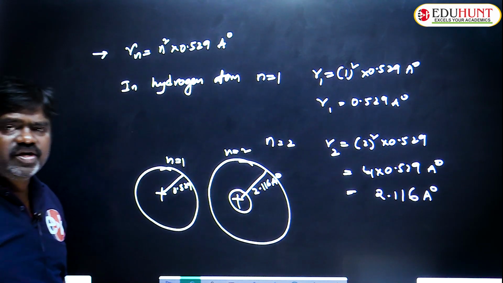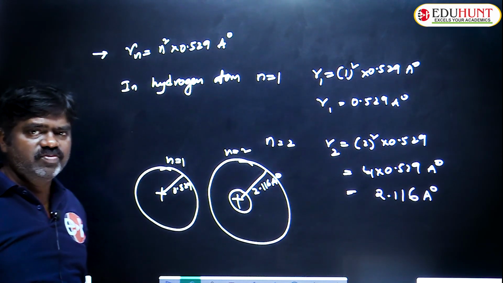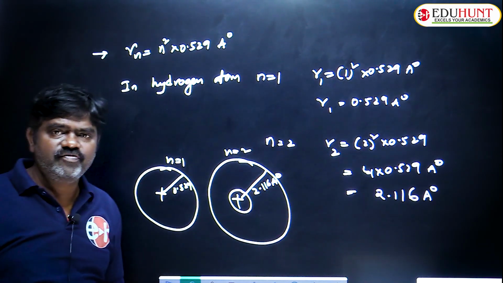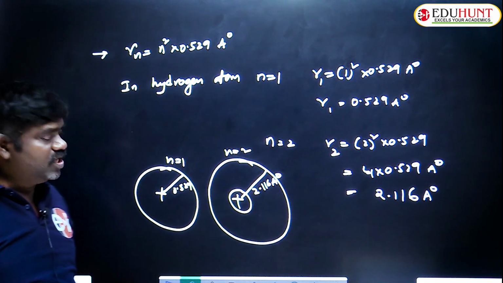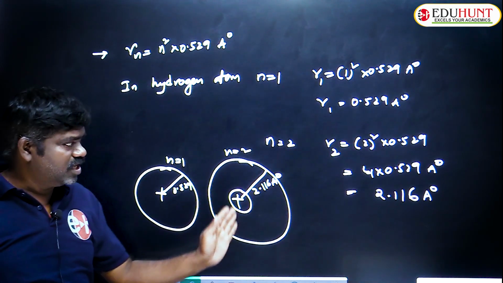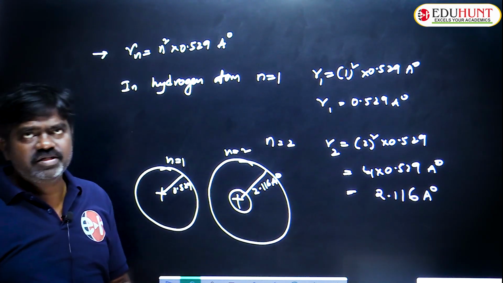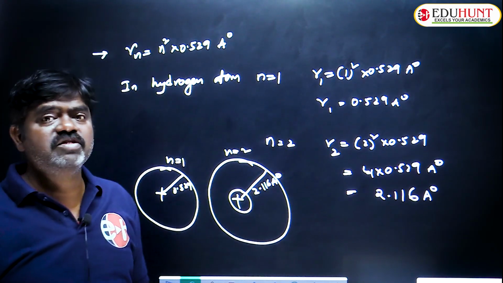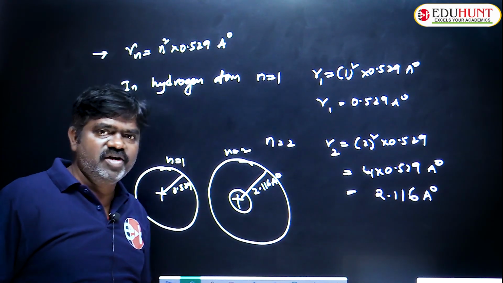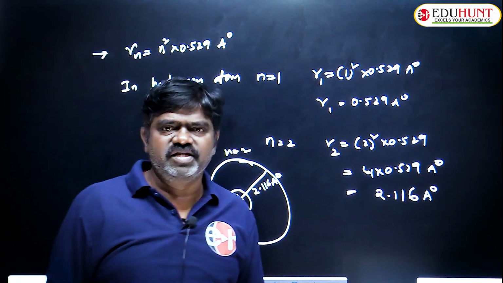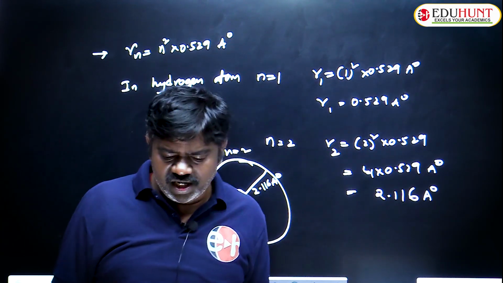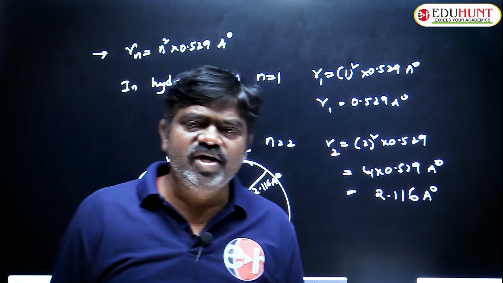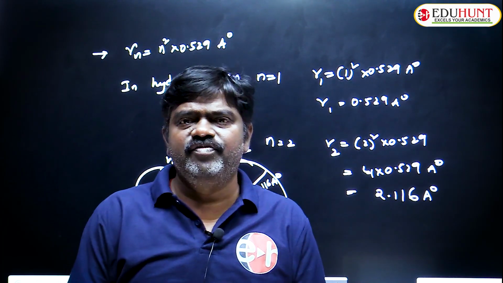Based on radius values, we can explain the size of orbitals. With an increasing number of shells, the n value increases, the radius of the orbit also increases, and so the size increases. So mainly the principal quantum number explains the size of the atom.